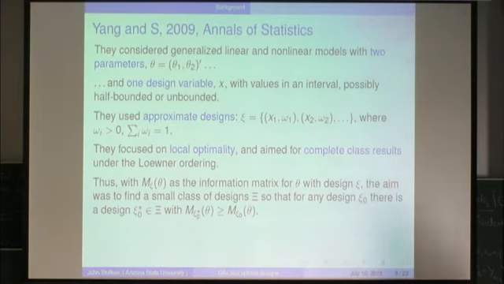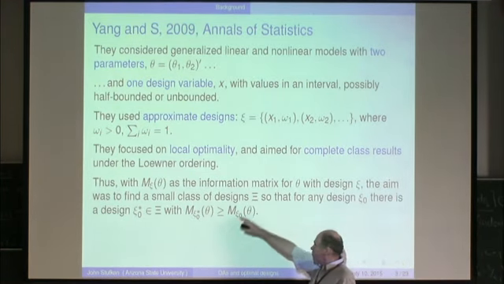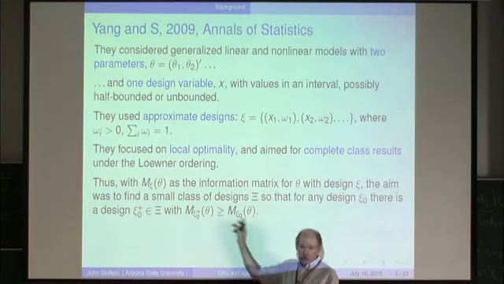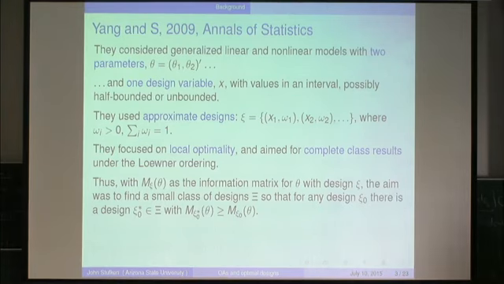So if you give me a design xi, I want to go to a small class, capital Xi, where I can find a design xi naught star that under the Loewner ordering beats your design. All right, so that's the completeness. Such a class of designs is called a complete class of designs, or sometimes an essentially complete class of designs. So that's what we were looking for.